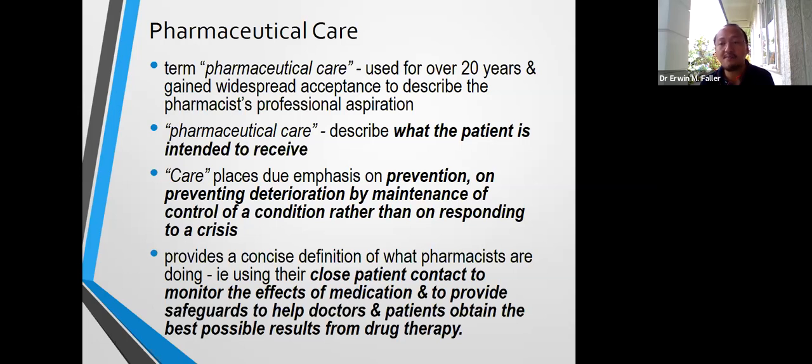So in the medication review, our main goal is to prevent, and also maintain control of, a certain condition of our client or patient, and to provide safeguards to help our clinicians and patients obtain the best possible outcome of drug therapy.